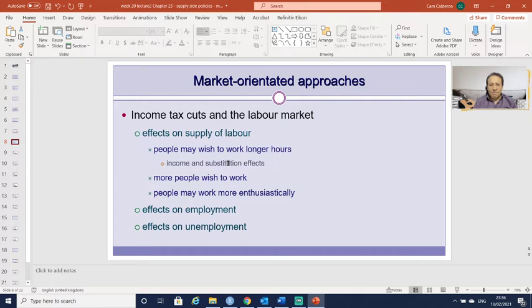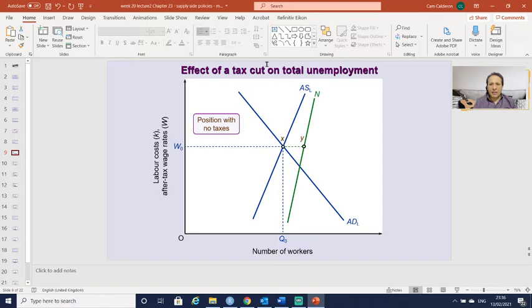So this has obvious effects on employment and unemployment, and we are going to see this in the next graph. Here we have the effect of a tax cut on total unemployment. In the y-axis, we have the labor costs and the after-tax wage rates. Everything is in monetary terms, so we can put them both on the same axis.